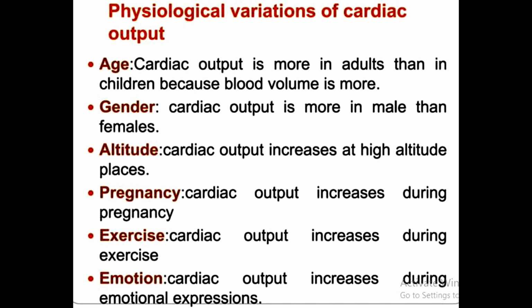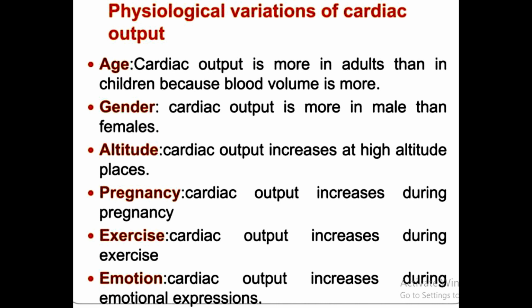The cardiac output is low in the early morning and it increases in the daytime. Moderate change in temperature does not affect the cardiac output. An increase in temperature above 30 degrees Celsius raises the cardiac output. Anxiety is a condition in which cardiac output increases. During the first 1 hour after taking a meal, the cardiac output increases.